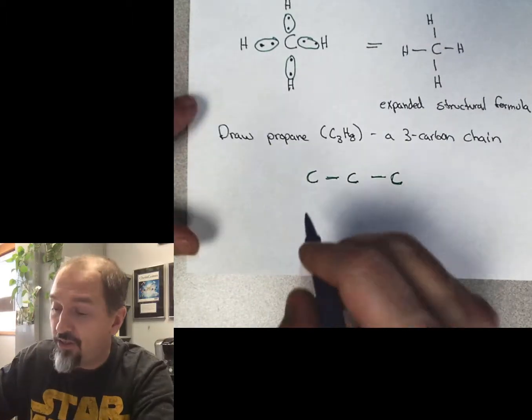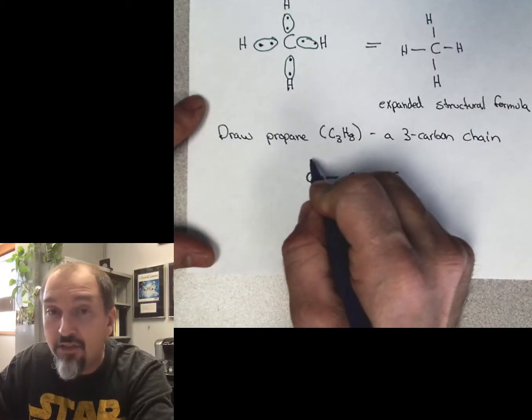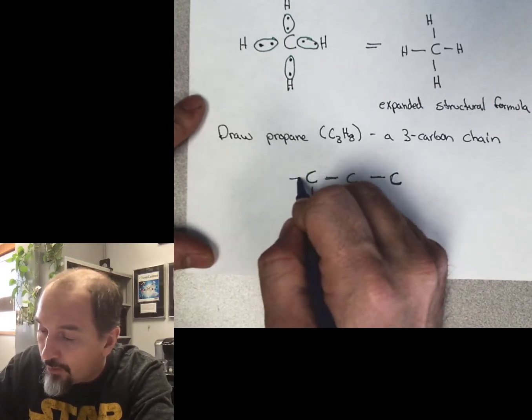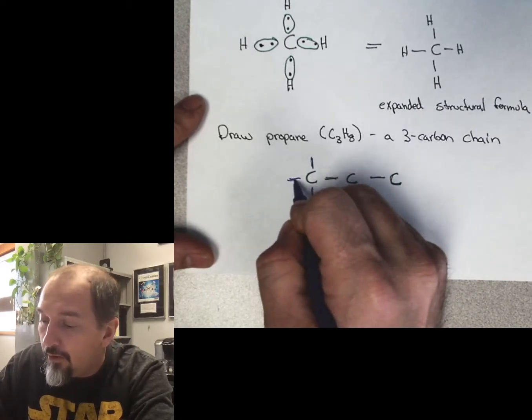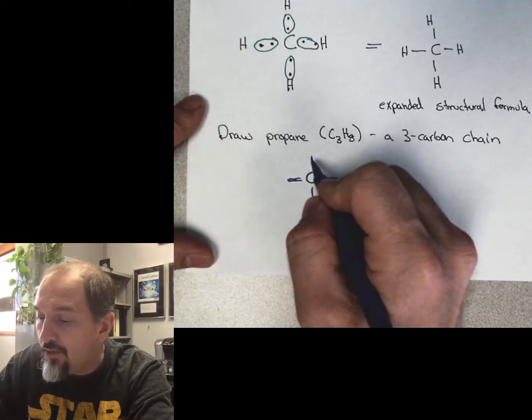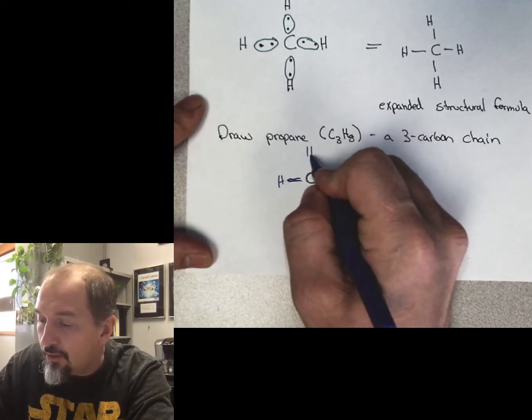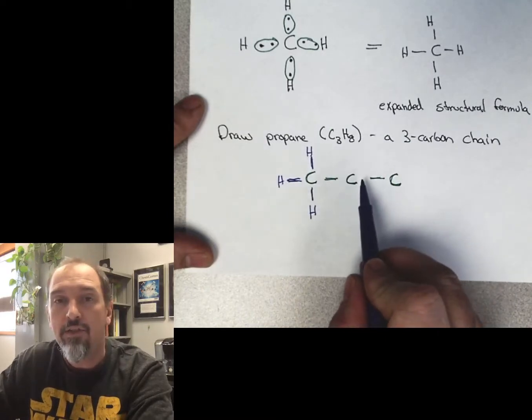If the carbon atom has to have 4 bonds, how many is this one missing right here? It's missing 3. I'm going to add in 3 bonds there. Those are going to be my hydrogen atoms. H, H, H. Look at this carbon atom right here.